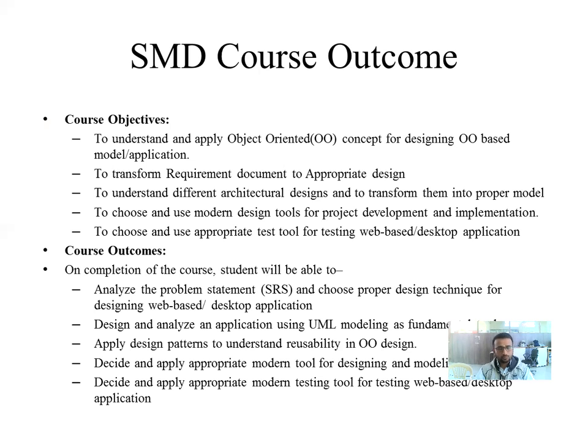The Unified Modeling Language is one of the tools with the help of which we can design different types of desktop and web-based applications. So with the help of this UML modeling tool, we can design and analyze the different types of applications that we want to develop. Then third is to apply design patterns and to understand reusability in object-oriented design.